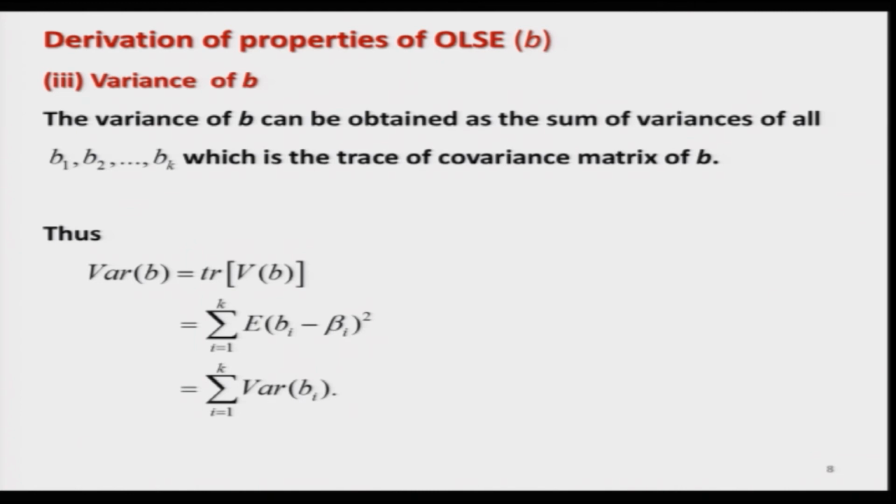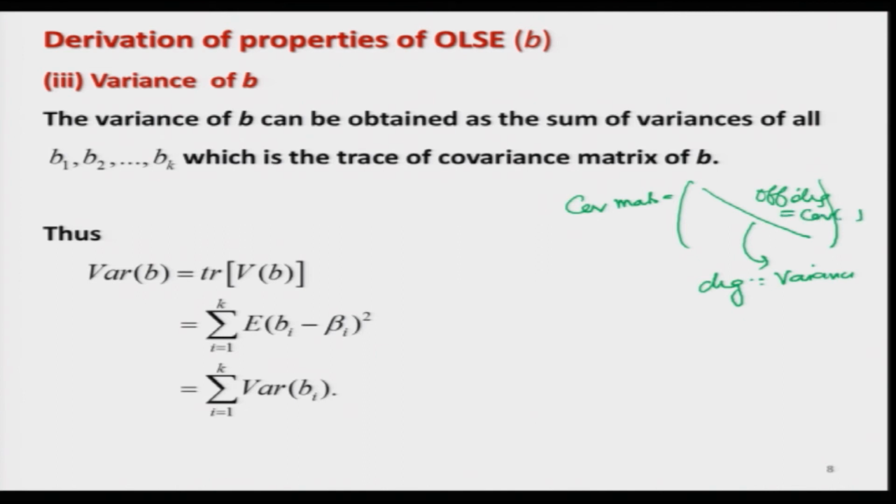Now, when you are trying to find the covariance matrix, sometimes people are interested in finding the variance. Finding the variance in the case of a vector has a slightly different definition. Suppose you have a covariance matrix, then you know that the diagonal elements are the variances and the off-diagonal elements are the covariances.